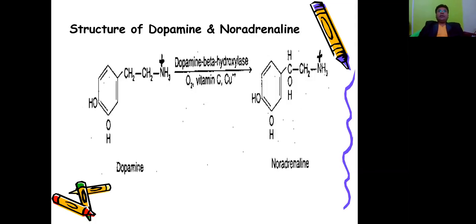This is the structure of dopamine, and this is noradrenaline. Dopamine is converted to noradrenaline by dopamine beta hydroxylase in the presence of oxygen, vitamin C, and copper.